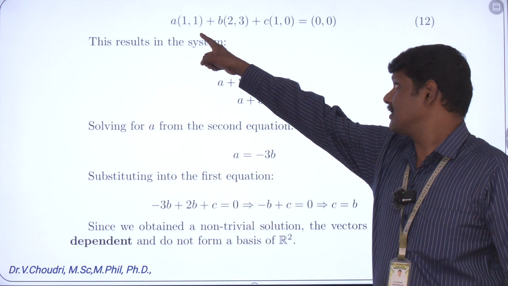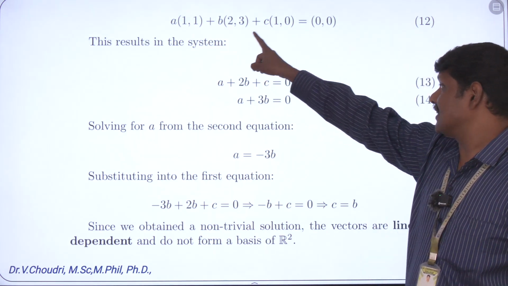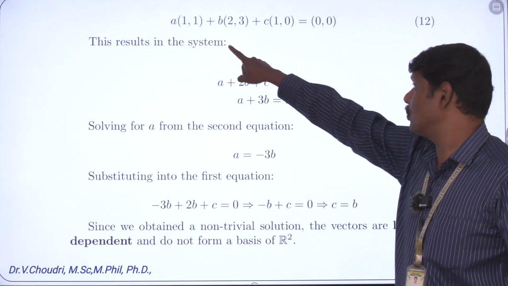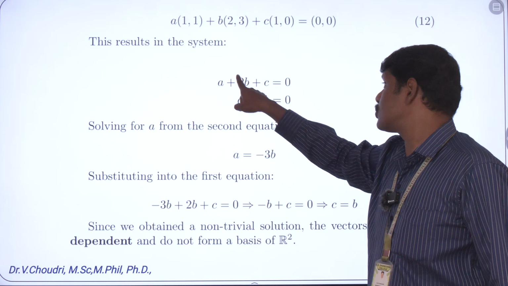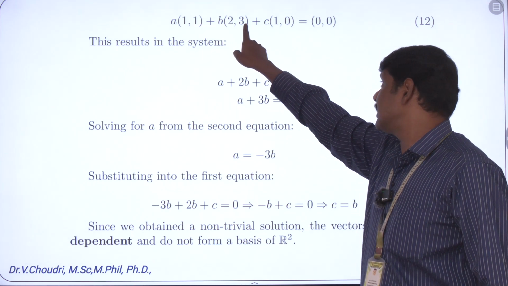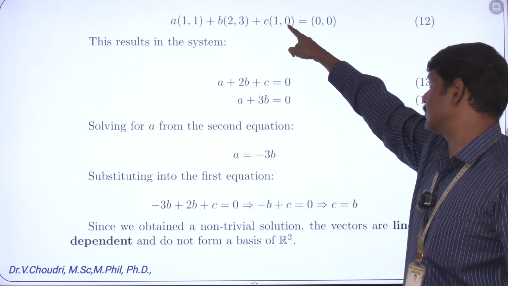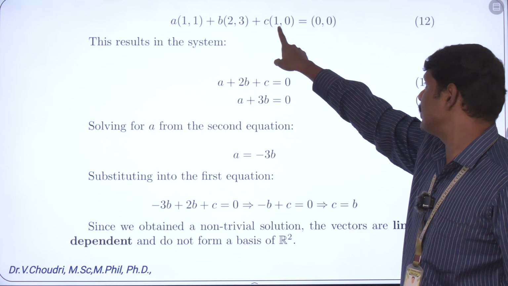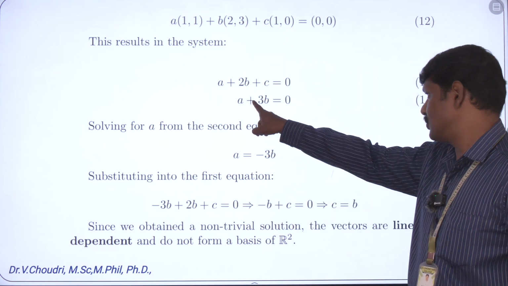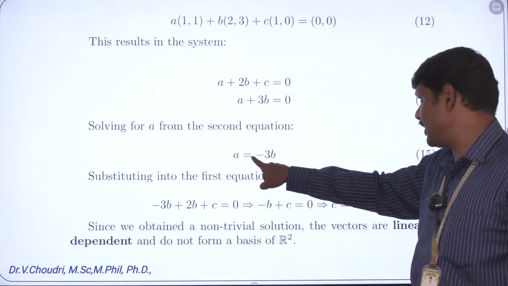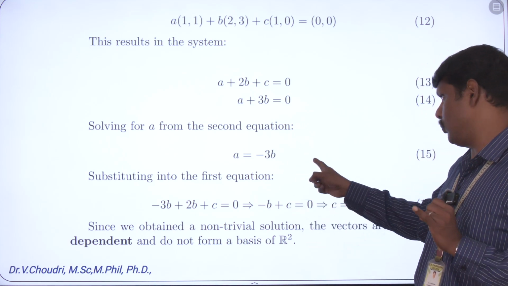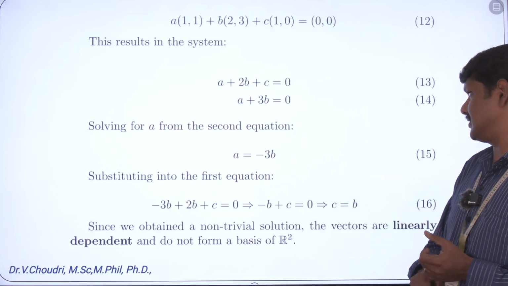I am taking three constants A, B, C. I consider v1, v2, v3, and the system results in A plus 2B plus C equal to 0. Second, A plus 3B; C will be cancelled because C into 0 equals 0. So only 2 equations, A plus 3B equal to 0. From this, A equals minus 3B. Assuming B equal to 1, we get A equal to minus 3.